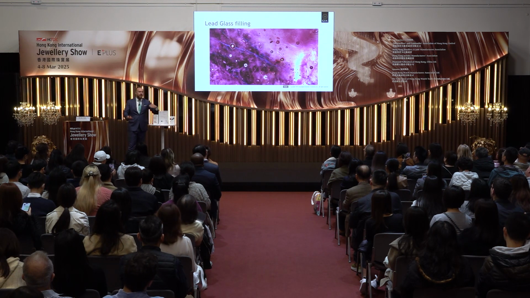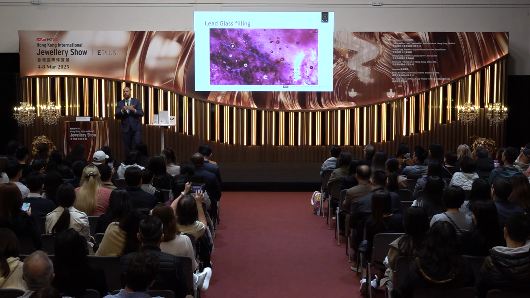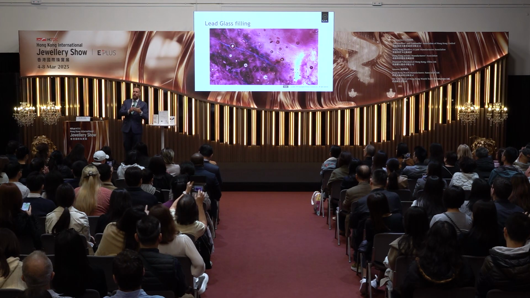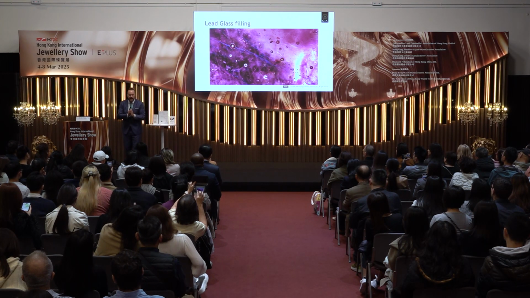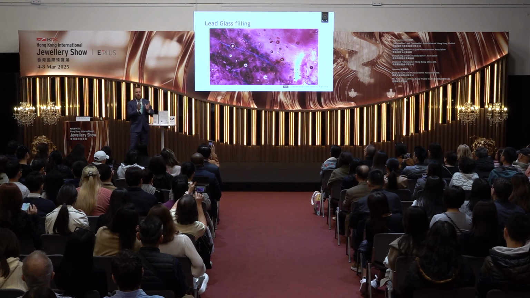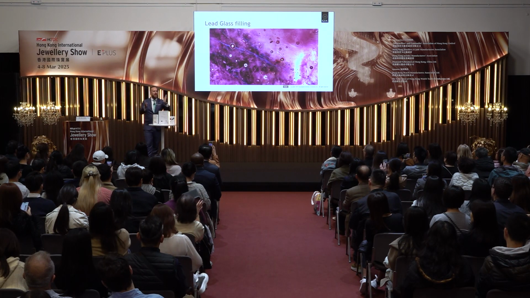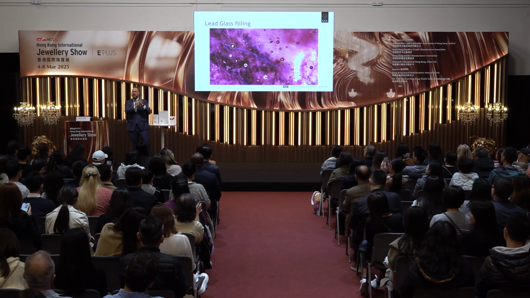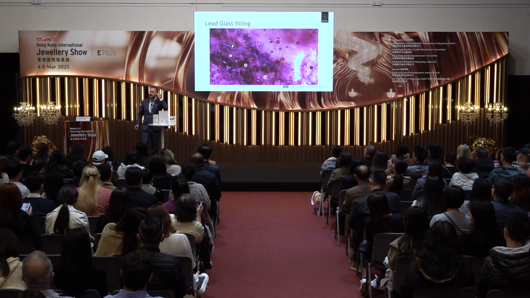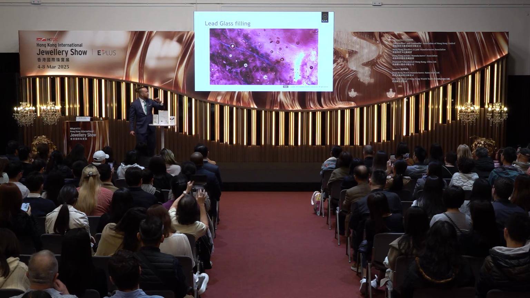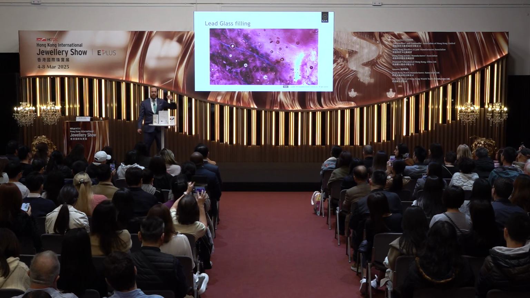On top of that, the refractive index, the optical properties of the glass and the corundum, are not 100% the same. And how do we know they're not 100% the same? Because where the corundum and the lead glass touch on the side of the fracture, we see these slightly colored flashes. So we see these blue lines running through it.